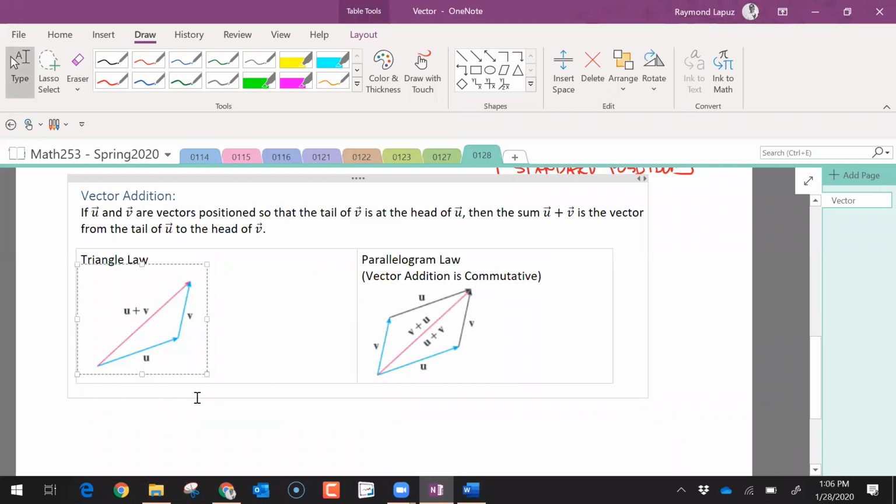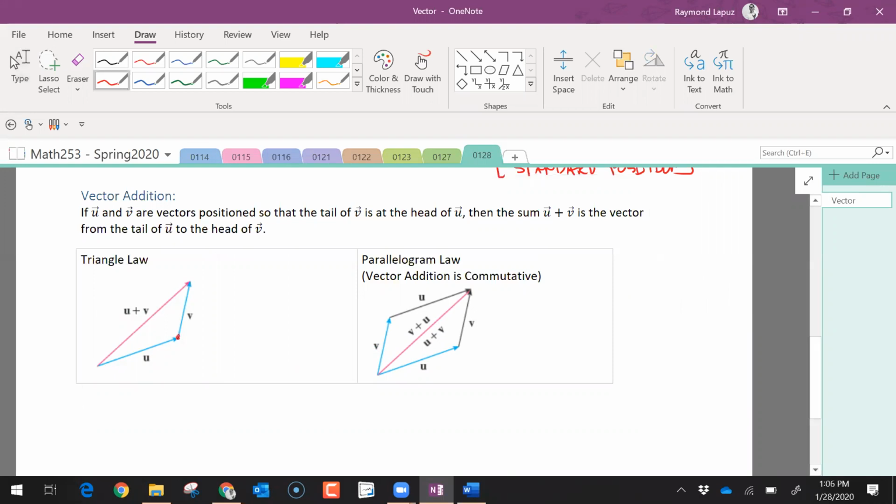And so to visualize an addition of vectors, we can put it from tail to head. So u plus v in this case is going to be the vector u, and then you stop at where the head is for vector u, and then you pick it up from there and put the tail of vector v, and then wherever that ends is going to be the new head of the new vector that we're looking for, which is a sum.